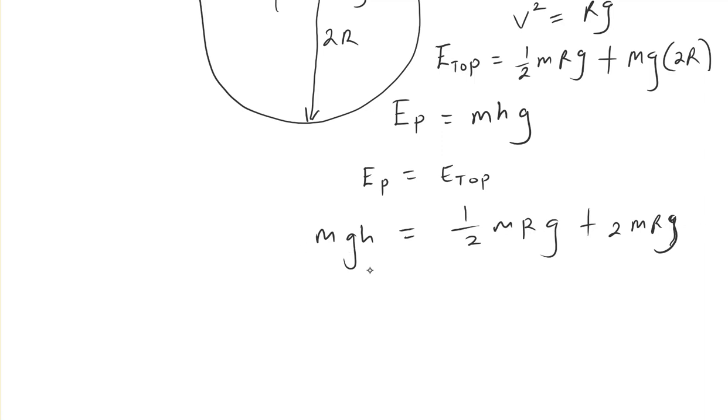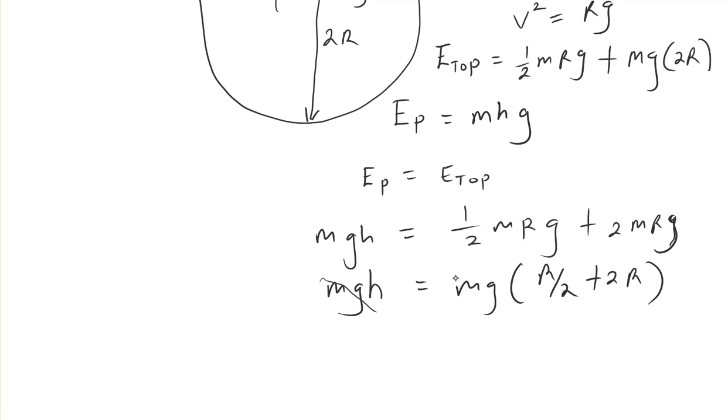So we have mgh is mg bracket r over 2 plus 2r, right?